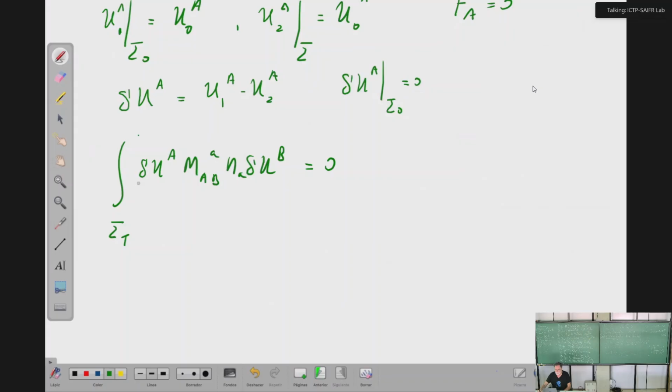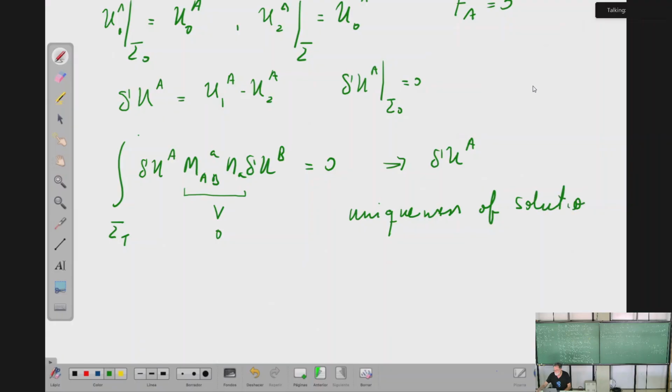So we have already this result. And so if this n is such that this thing is positive definite, that implies that delta u is 0. And the solution is unique. So uniqueness of solutions. Okay?